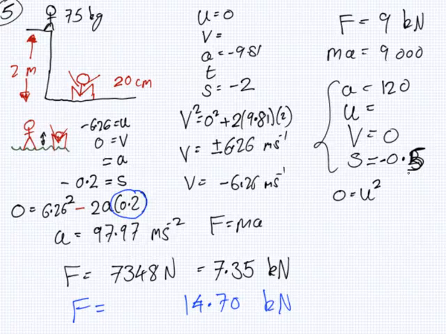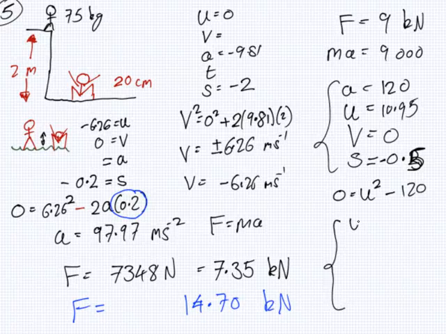The 2 and the 0.5 cancel, so it's just going to be an A. And the A is 120. So then U is square root 120. So that's 10.95.